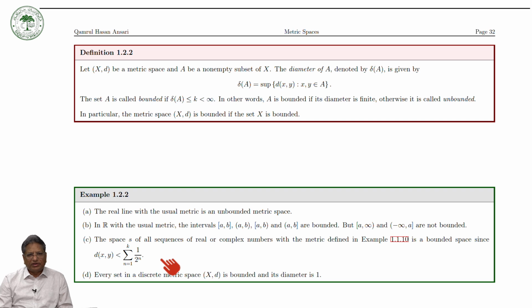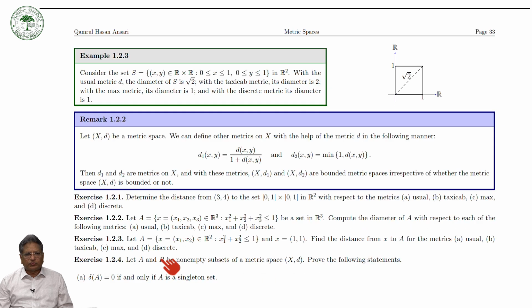Because the diameter means you take the supremum of the distances between any two points, it would be either 0 or 1. So the supremum is equal to 1, and therefore the diameter of a discrete metric space is 1. So it is a bounded metric space.